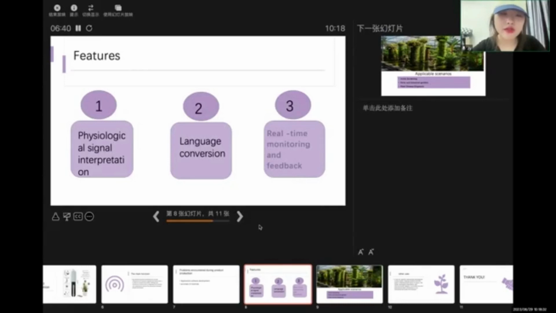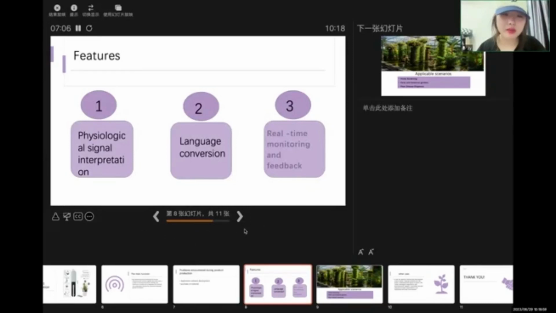The third key feature is real-time monitoring and feedback, a feature that is relatively easy for everyone to understand. It means that the intelligent plant translation system is able to monitor the physiological signals of plants in real time and provide immediate feedback.